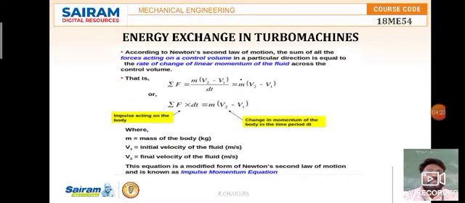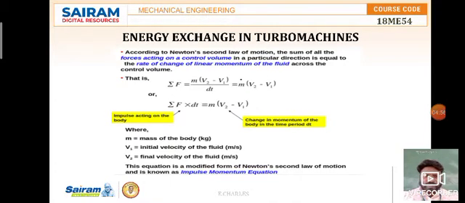This is what the second law of motion states, where m is the mass of the body in kg, v1 is the initial velocity of the fluid in meters per second, and v2 is the final velocity of the fluid in meters per second. This equation is a modified form of Newton's second law of motion and is known as the impulse momentum equation.